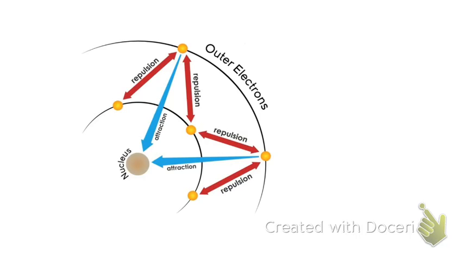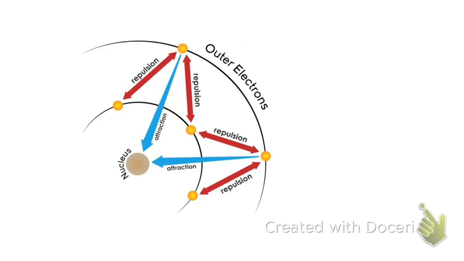We also know from Coulomb's law that if the electrons get further from the nucleus, the attraction between the nucleus and the electrons should diminish, should go down. Alright?